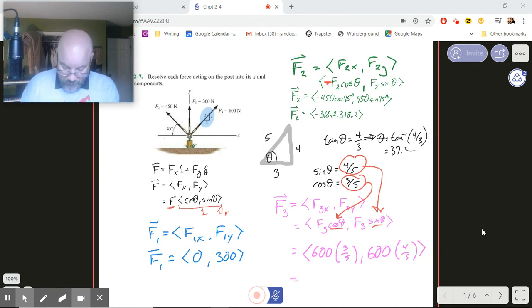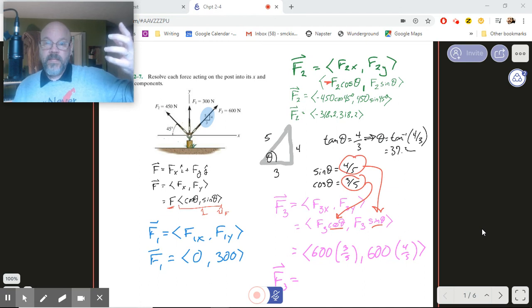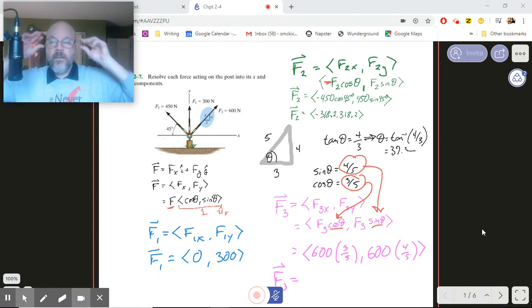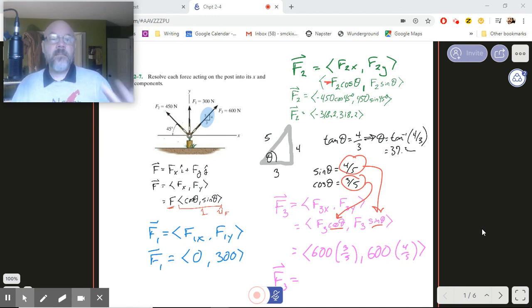Do your math. Get your skills built up in your head. Don't get overly dependent on your calculator. You need to be able to do some of this stuff in your head. So 600 divided by 5 is 120. How did I get that so quickly?